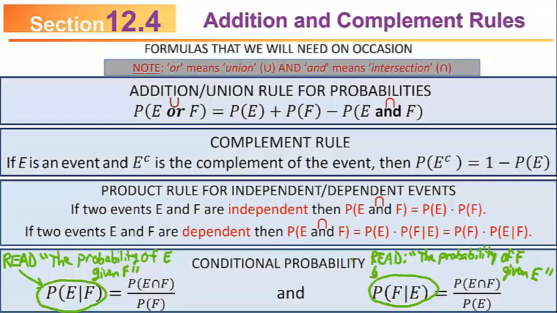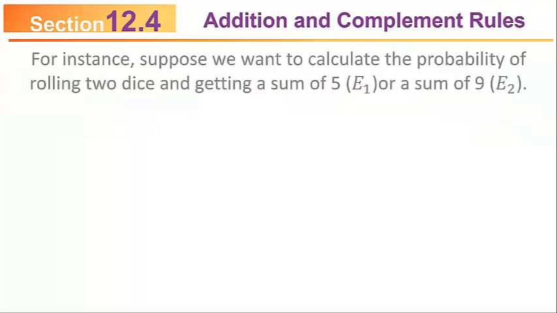Like I said, we'll come back to this later, but this is the addition to our toolbox of formulas. Sometimes we'll need them, sometimes we'll just be able to go back and do these problems using the things we already had, but they're there if you need them.